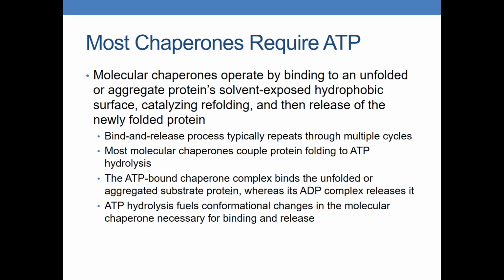So usually remodeling is going to occur via a bind and release process that involves multiple cycles. Each cycle is going to involve one round of ATP hydrolysis. You'll see that, like for HSP70, one ATP was hydrolyzed, but for chaperonins, it may involve more ATPs hydrolyzed per round.